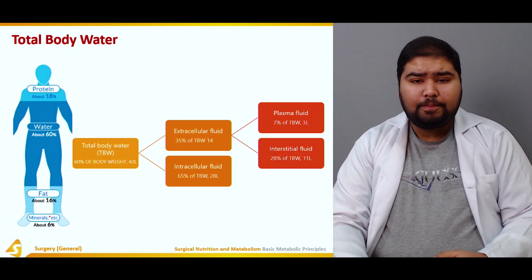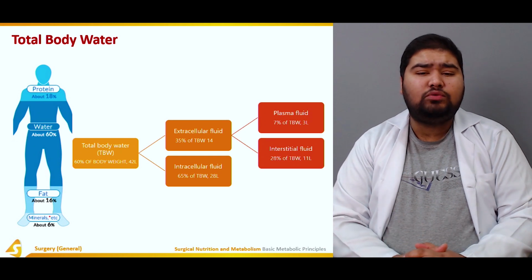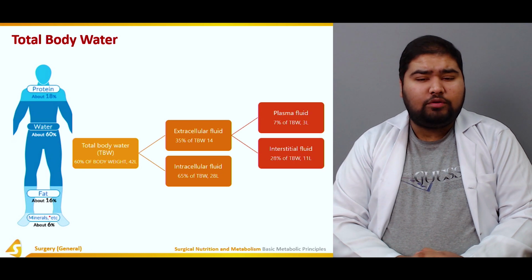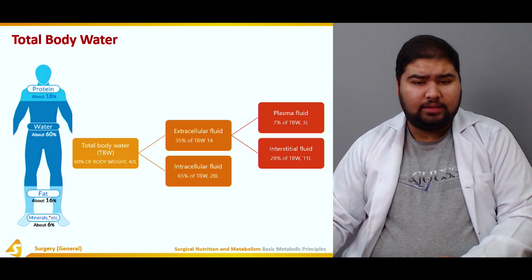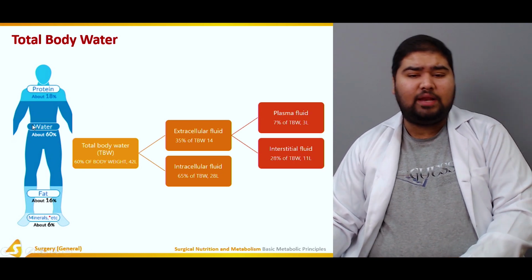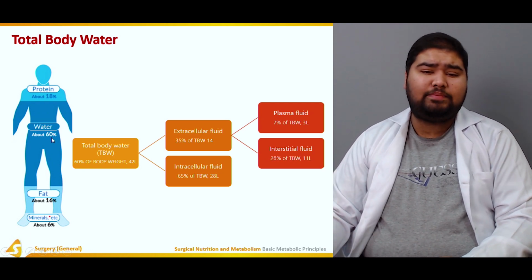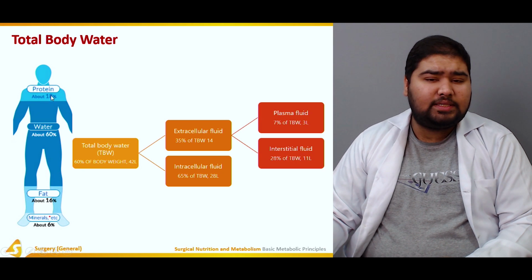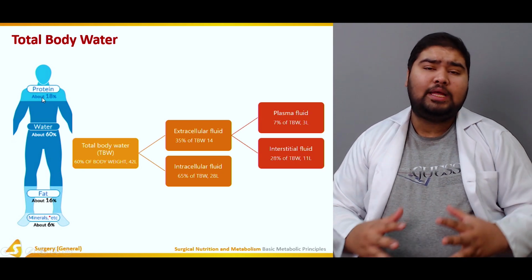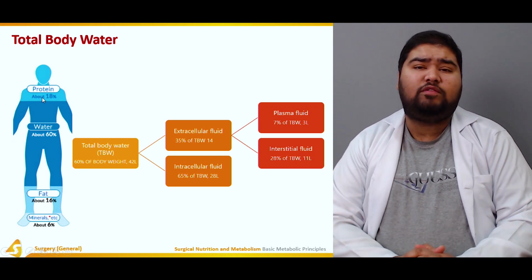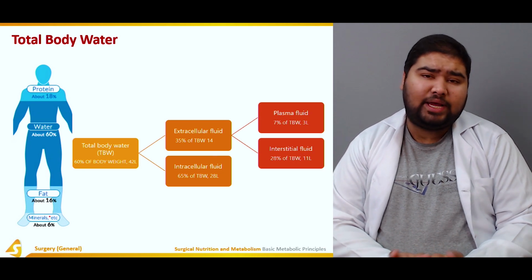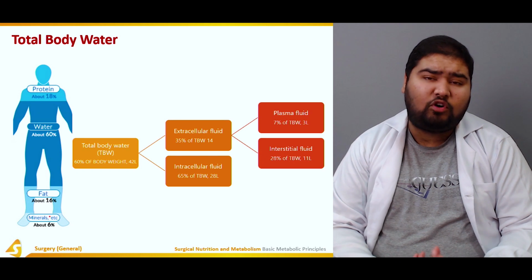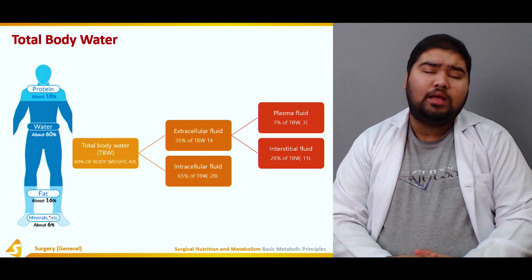So let's see how this total body water is further subdivided. Referring to the figure again, this is an adult male, a physiological male, which has about 60% water, about 18% protein. Protein is mainly a part of muscles and the amino acids which are being used to form new muscles in the body.